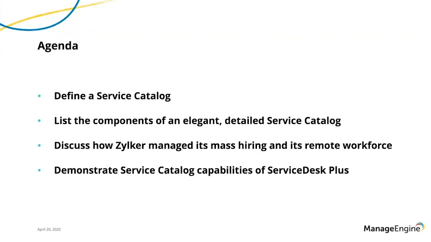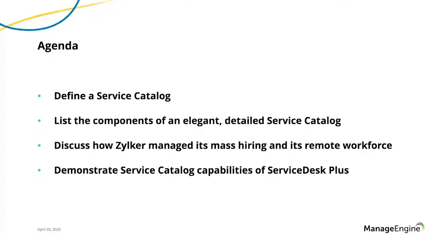Now, even before we go into a service catalog, taking off from where we left off in the last session, we discussed incident management. So I would like to find out if there is any difference between an incident and a service request. Most often we talk of requests synonymously, we interchange incident and service, but can you really do that?